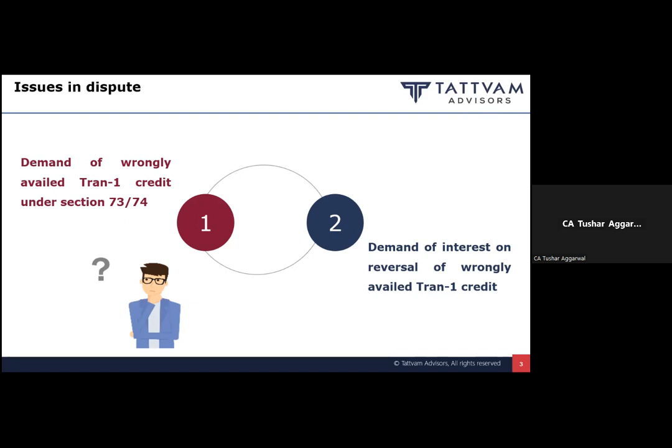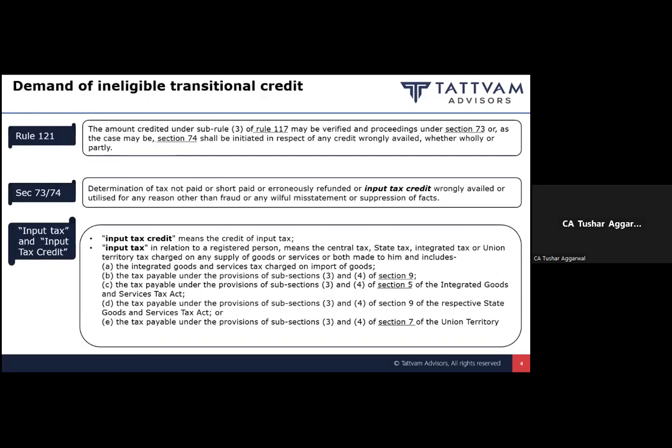And the second issue is whether they can demand interest on this wrong transitional credit. Obviously, whenever we get a show cause notice, we have to reply on the merits and all other grounds also. What we will be discussing in this case study is the technical ground, whether a show cause notice is possible or not.